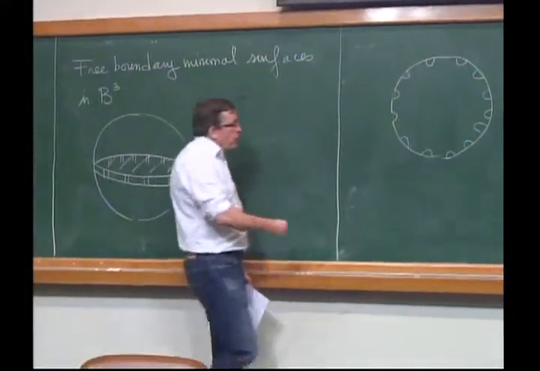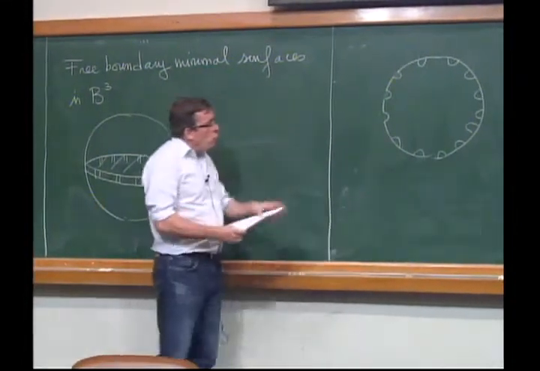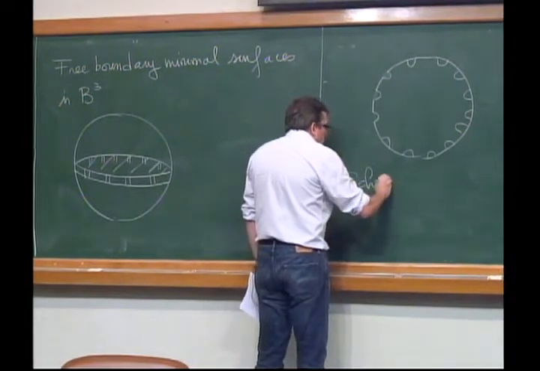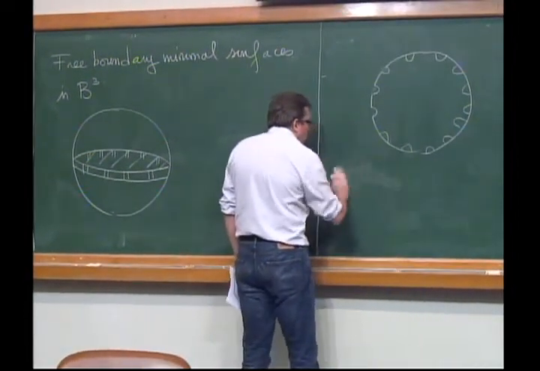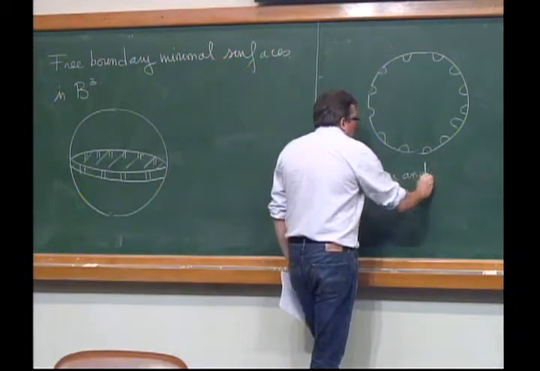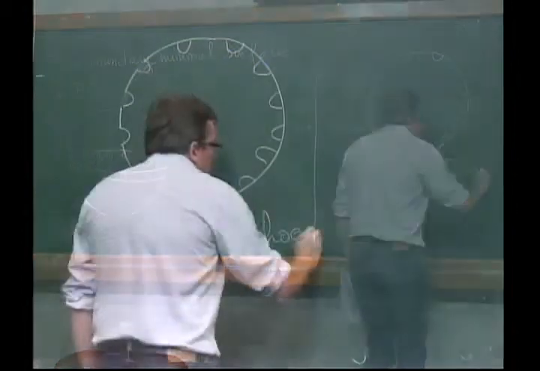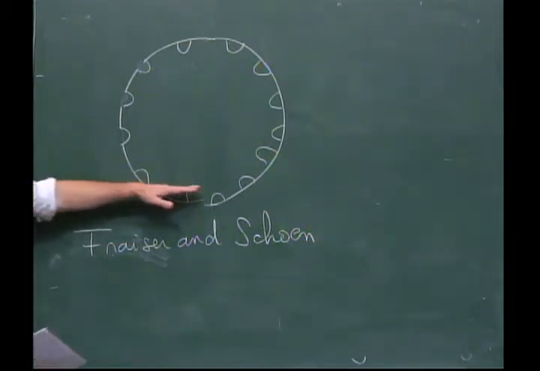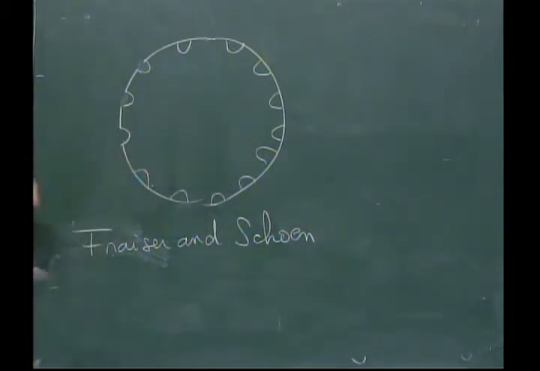This gives some kind of new construction of a result of Fraser and Schoen. They obtained exactly these surfaces by a very different method, and not only when the number of catenoids is very large, but for all numbers of catenoids larger than 2, I think.